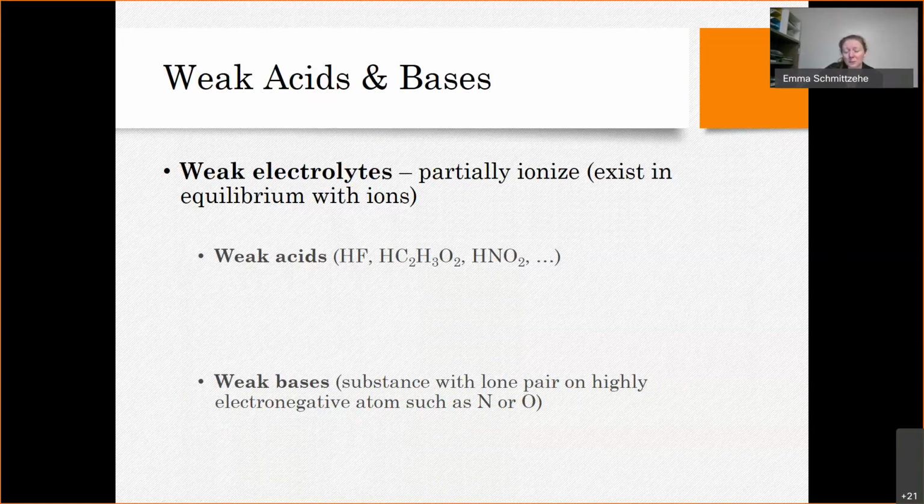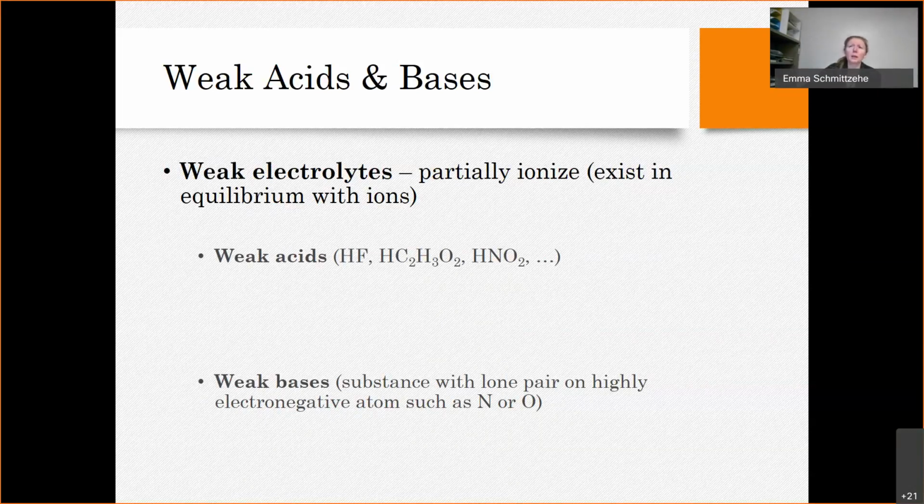But a lot of times the weak bases we deal with actually are something where there's a hydrogen attached, where there's a lone pair attached to a highly electronegative atom. And that's because then that lone pair on a highly electronegative atom will strongly attract H+ to it, meaning it behaves as a base.